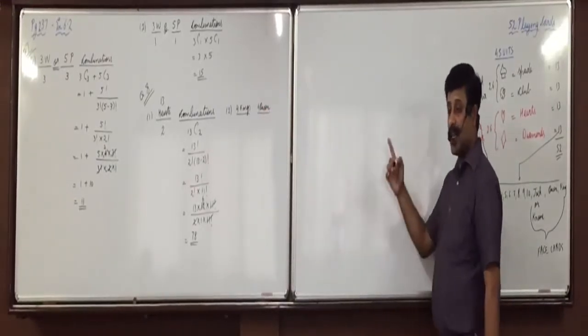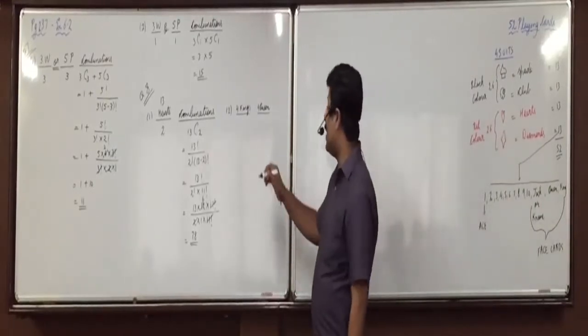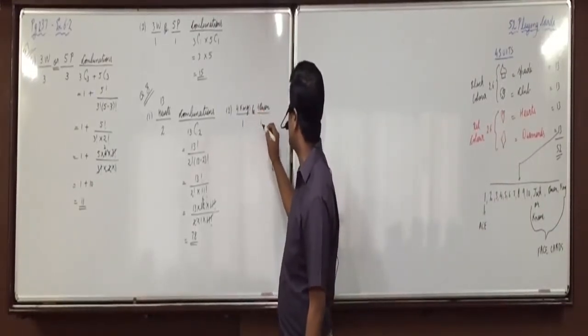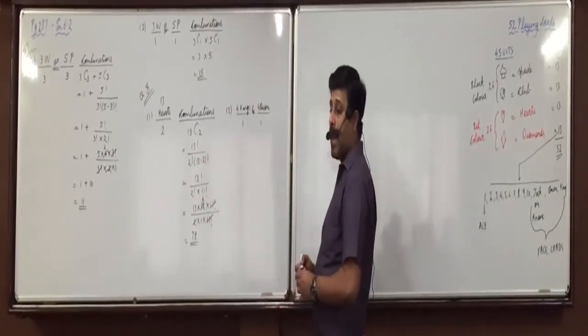Okay. Now raise your hand. How will we do the selection? Hemal? Yes, 2 cards are selected. One is king and one is queen. So 4C1 into 4C1. Write down.